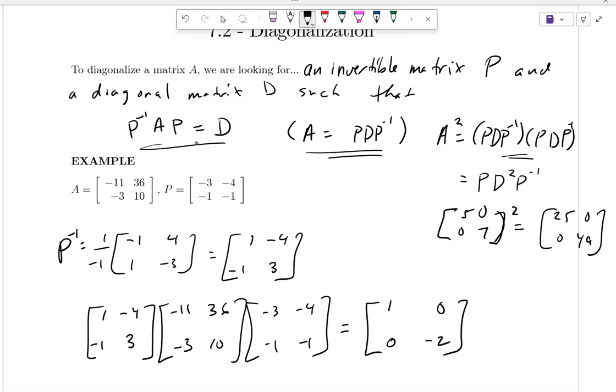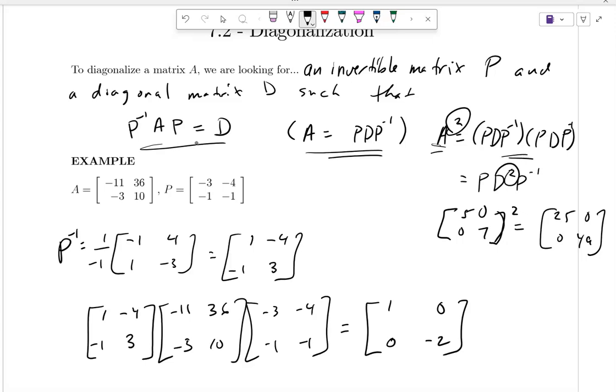When do we get to use the P D squared P inverse? If you're trying to do higher and higher powers of the matrix, that's when you're going to use it. So if it's D to the power 4, the D has to be to the power 4. Yep. Whatever the power is here is going to be whatever the power is here. Assuming you can do it. You cannot always diagonalize matrices.